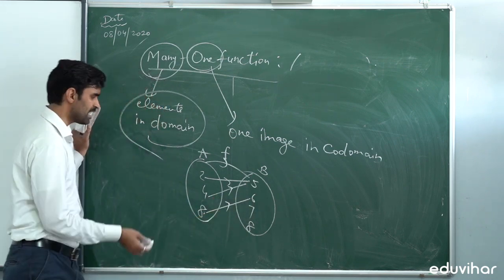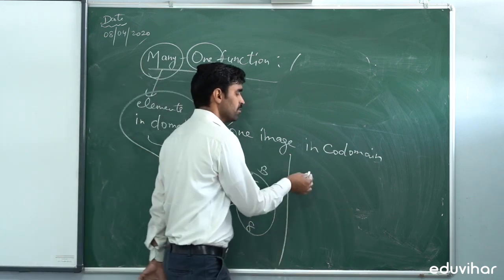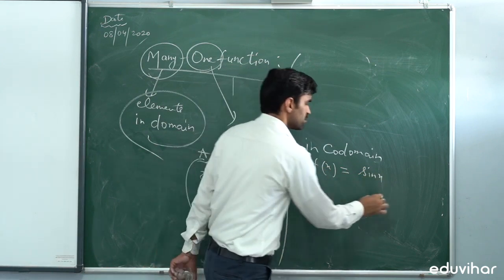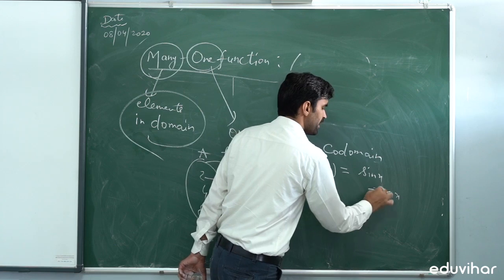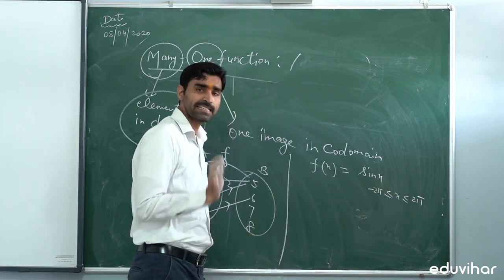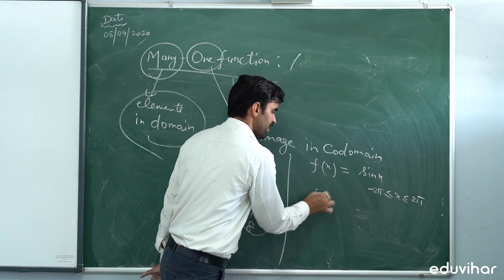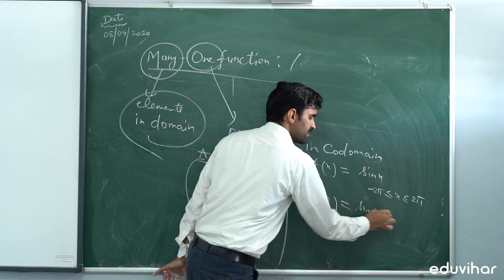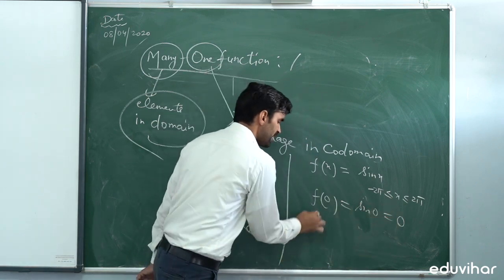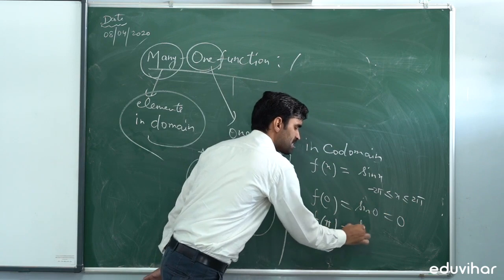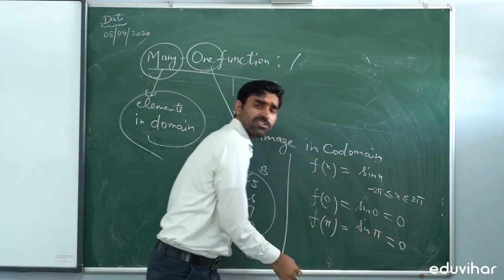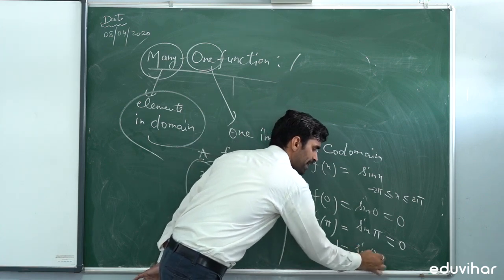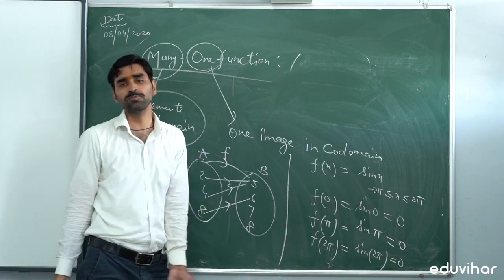Okay? Or also you can say if we have f(x) equal to sin x and x goes from minus 2 pi to plus 2 pi, then as we know f(0) equal to sin 0 and sin 0 is 0. Also we can say f(pi), that is sin pi, also 0. f(2 pi), here it is sin 2 pi, and the value of sin 2 pi also 0.